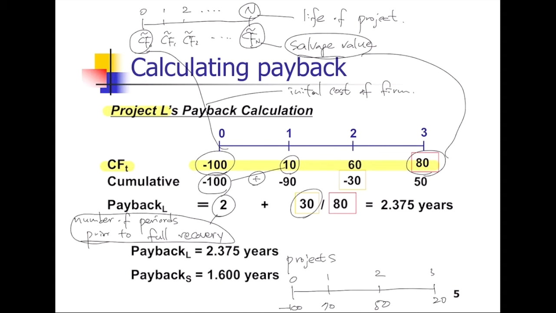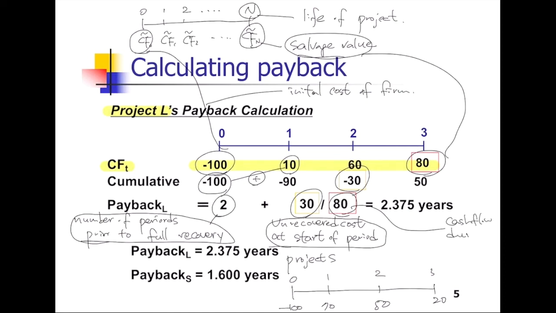The 30 is the unrecovered cost at the start of the period, and the 80 is the cash flow during the full recovery period.